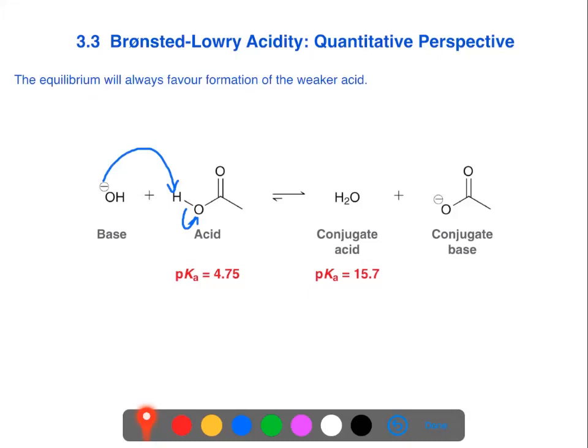So it's a very small percentage of original acid and base present when you have such a difference in pKa values between the conjugate acid and the original acid. We would say that this reaction is favored in the forward direction, and we can confirm that quantitatively by comparing the relative pKa's of the conjugate acid with that of the original acid.